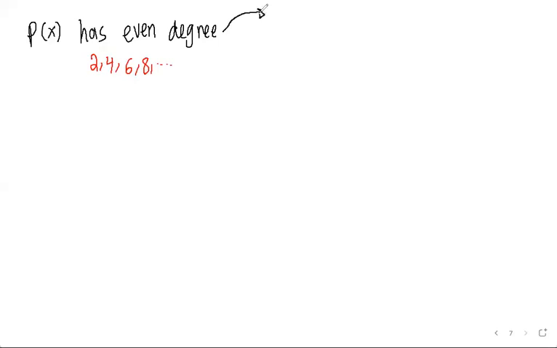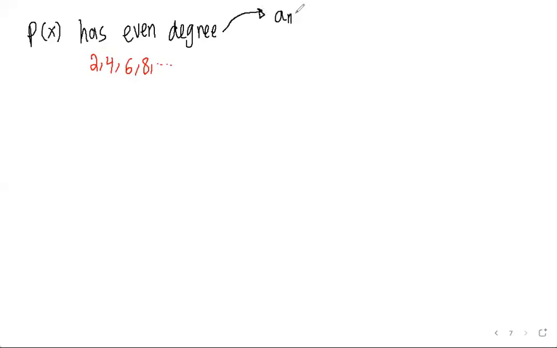So now b of x has even degree. What is an even degree? It's like 2, 4, 6, 8, and all these numbers are even. Same thing, it has two cases.